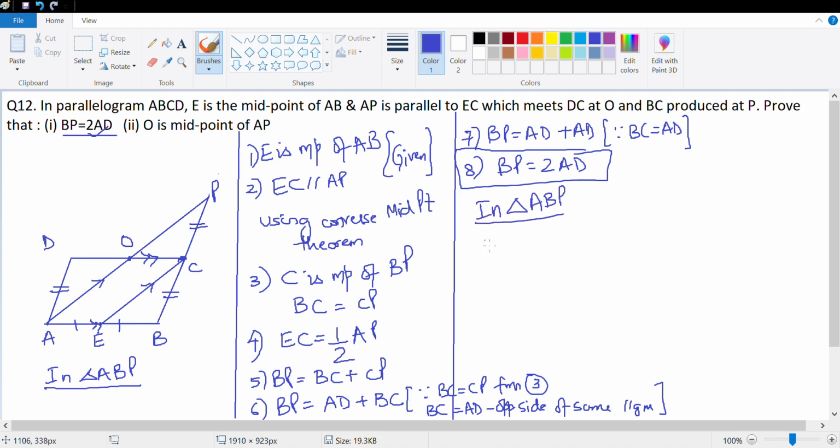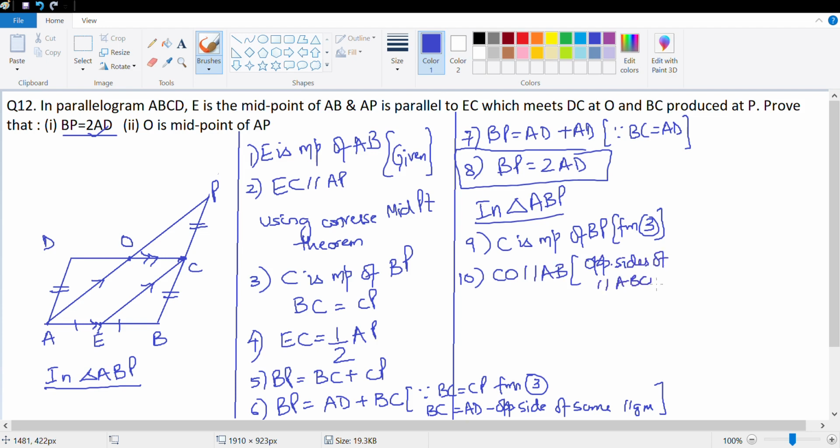Once again, number 9, C is midpoint of BP. Where did we get this? This is from 3. And number 10, CO is parallel to AB, which is opposite sides of parallelogram ABCD.